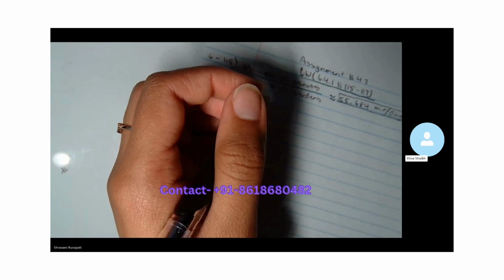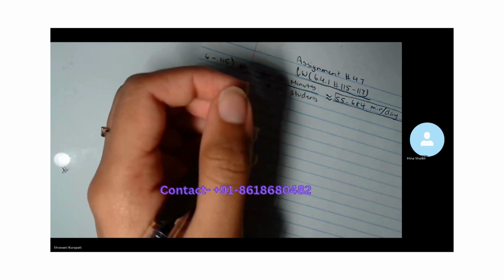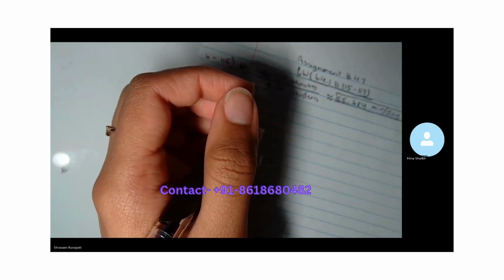So the bar graph and the data given in tabular form, both are the same, right? Eight, then 24, then 33.